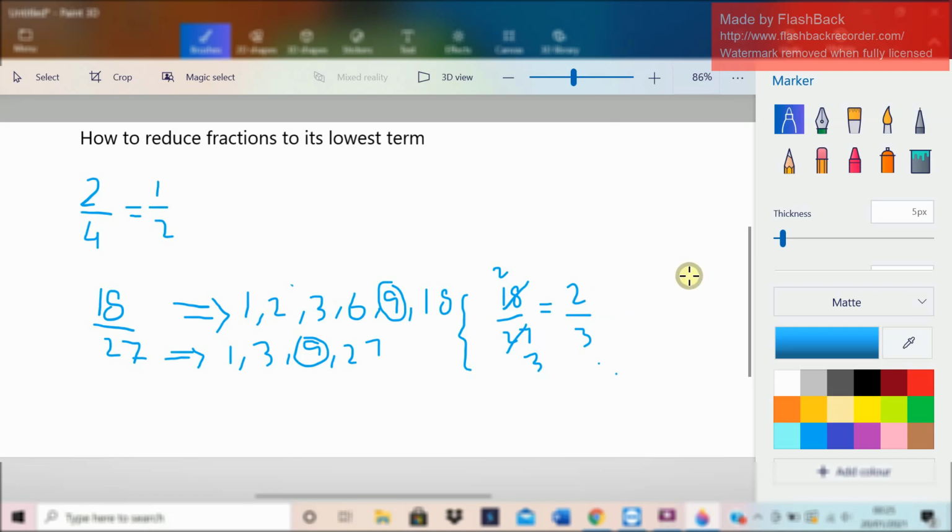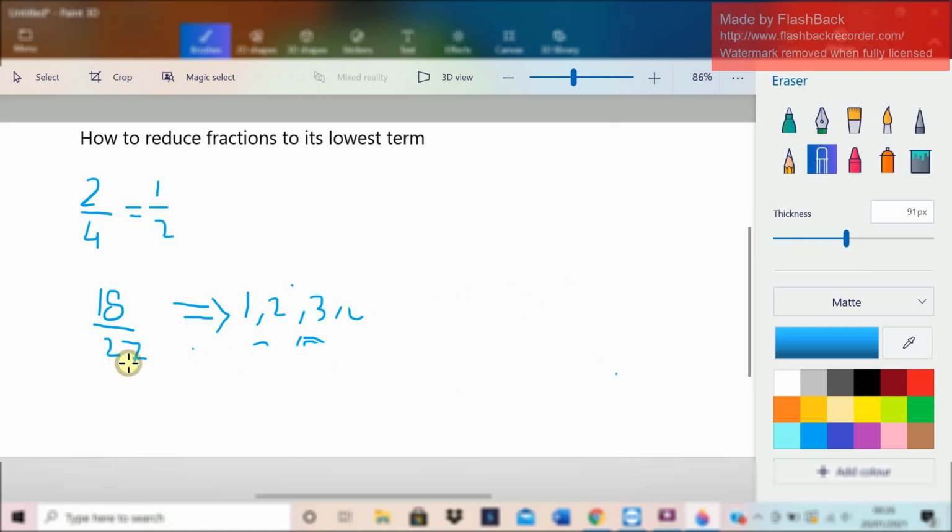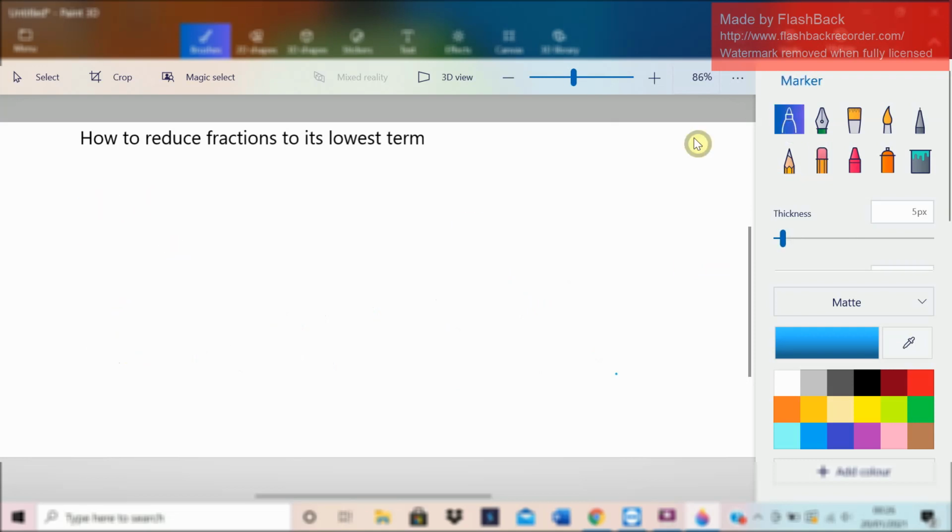We will go through one more example to understand it and to practice it one more time. So now we'll reduce 36 over 56 to its lowest form.